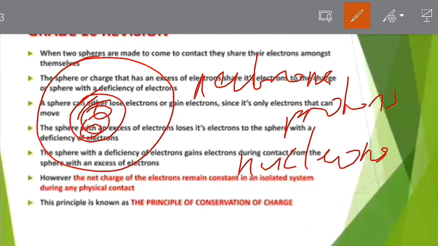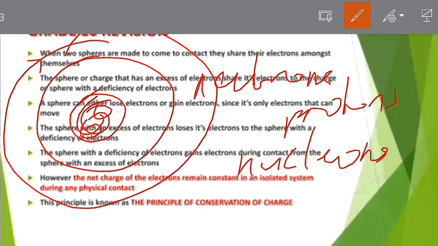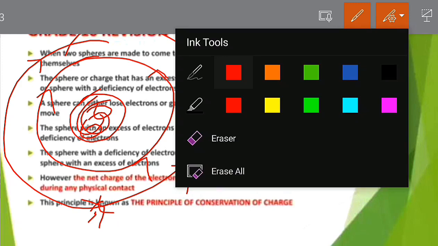This is where you'd get your protons and your neutrons, and on the orbits here, that's where you'd get your electrons, right? So your electrons are always orbiting here. That means they are the ones that are able to move, right?